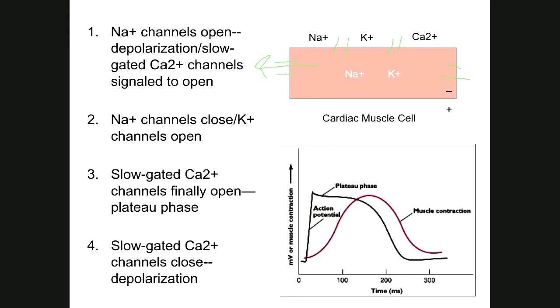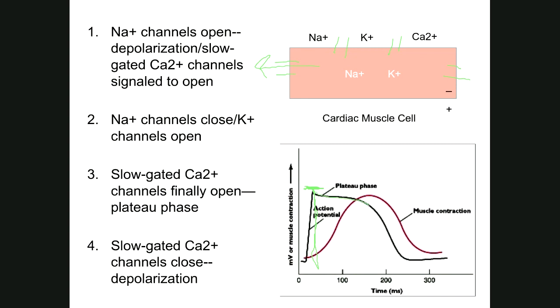After those sodium channels close right here, we initially start to dip back down, but instead of repolarizing immediately, which this green line would represent, we go into a plateau phase, like what doesn't happen with skeletal muscle cells.